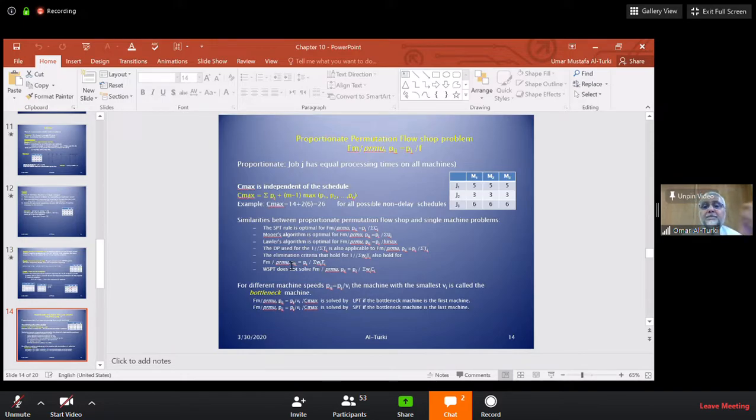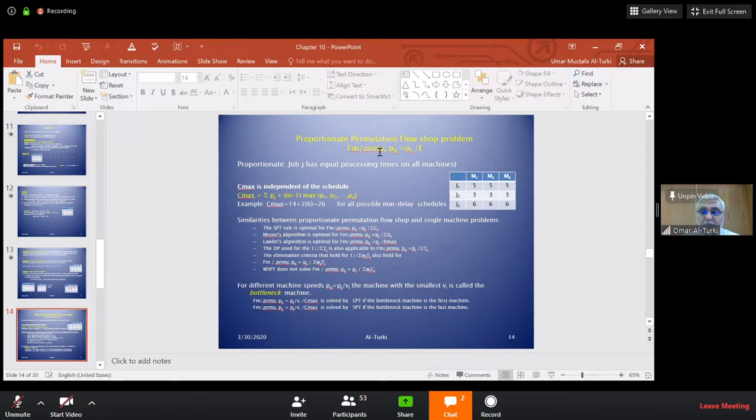Now, the proportionate permutation flow shop problem. This is a flow shop problem which is a permutation flow shop problem. By the way, for a flow shop problem in which you have 4 machines or more, the optimum solution is not necessarily a permutation schedule. This is clear?